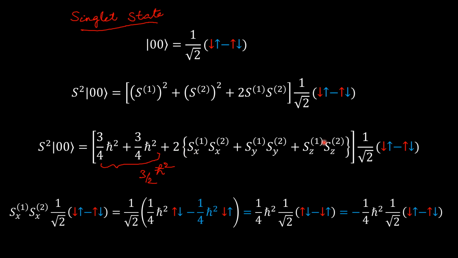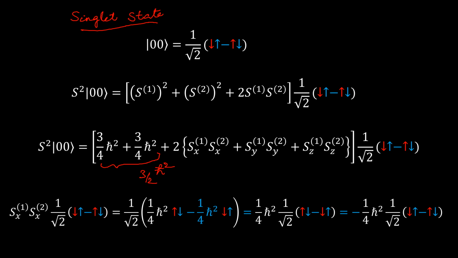Then we have to find this value. What will happen when Sx acts on this combination? This can be written as 1 over 4 ħ squared, as we have seen earlier, and this state gets flipped, that is up down, and minus 1 over 4 ħ squared down up. So this can be written as 1 over 4 ħ squared outside, then this state, up down minus down up.